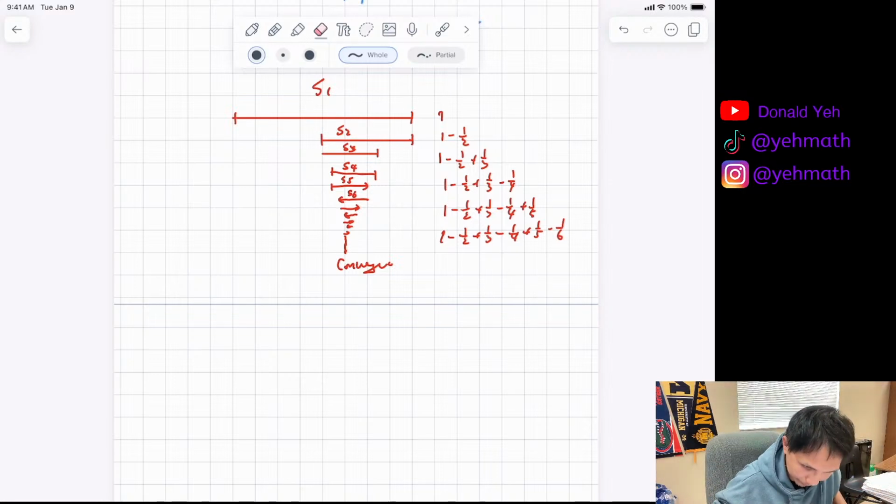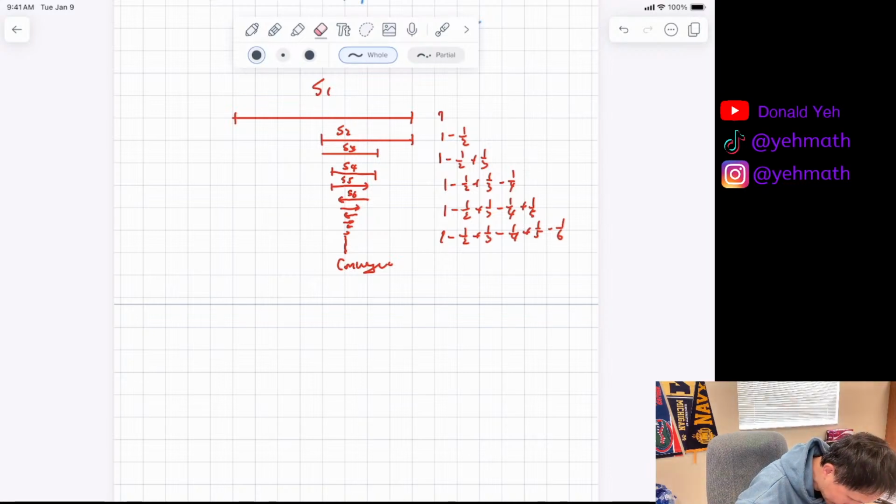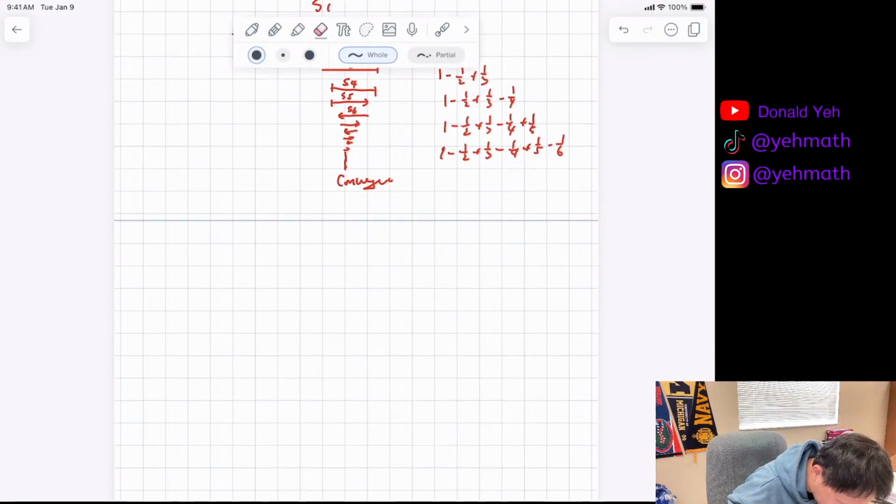Okay, we're going to go to the next example. We already did the alternating harmonic series, and you have to prove those three things. So I'm going to show you what happened here. You guys do this one.